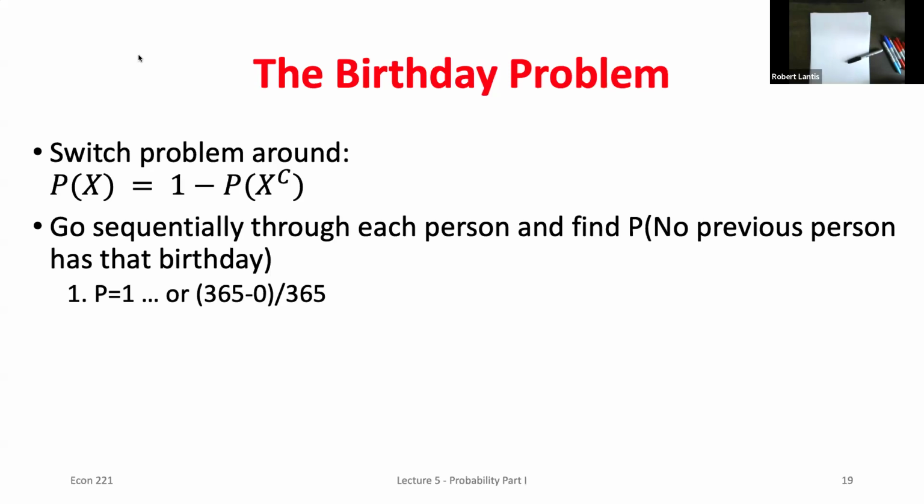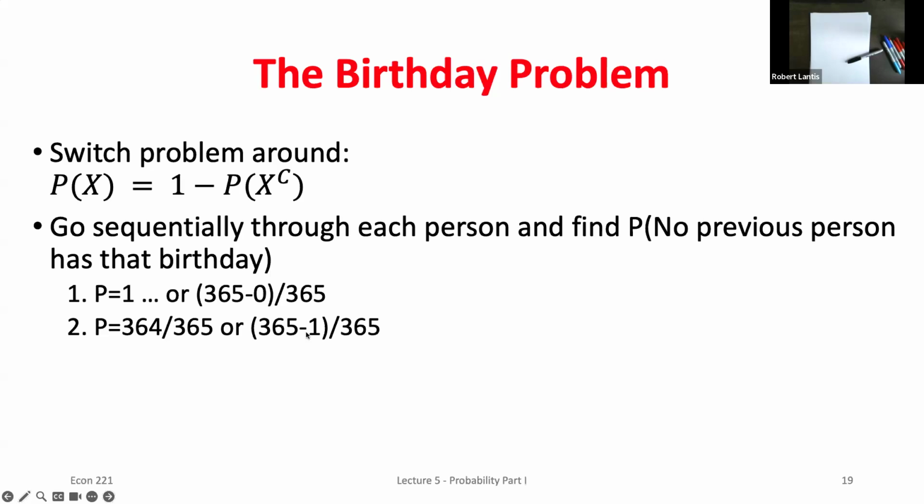The only way they have a unique birthday, not the same as someone we previously looked at, is if it's on one of the other 364 days. So there's only 364 remaining possible days out of 365. So the probability that the second person has a unique birthday is pretty high.